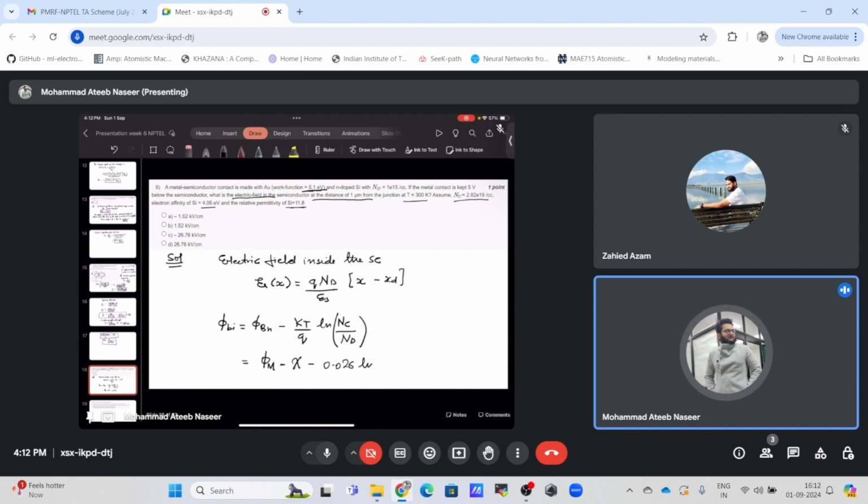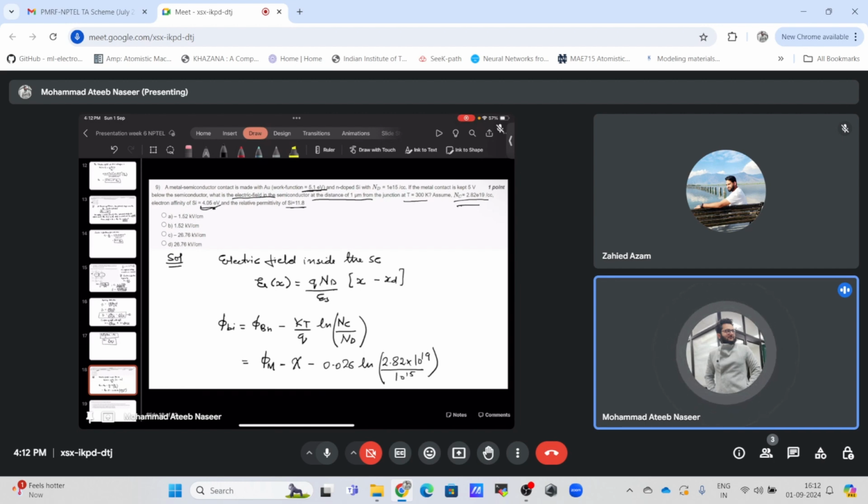Ln of Nc, where Nc is given as 2.82 into 10 to the power of 19, and Nd is 10 to the power of 15. Phi m is 5.1, and chi is 4.05. So let's solve for this expression which is in ln.